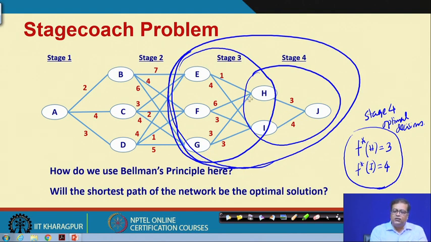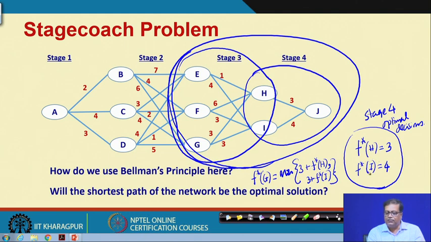I only look at G to H is 3 and H optimal distance is 3. So what is f star G? f star G is the minimum of 3 plus f star H, comma 3 plus f star I. Look here, we make use of these f star H and f star I, which are stage 4 optimal decisions, in stage 3.